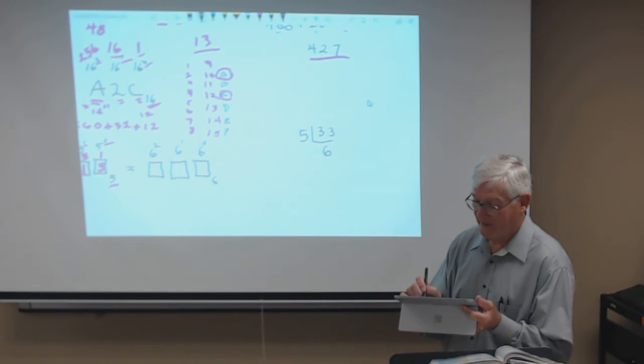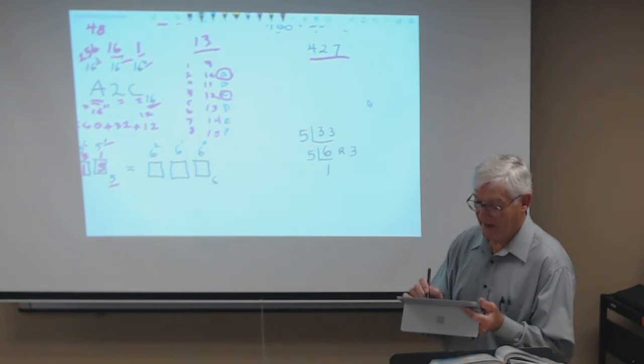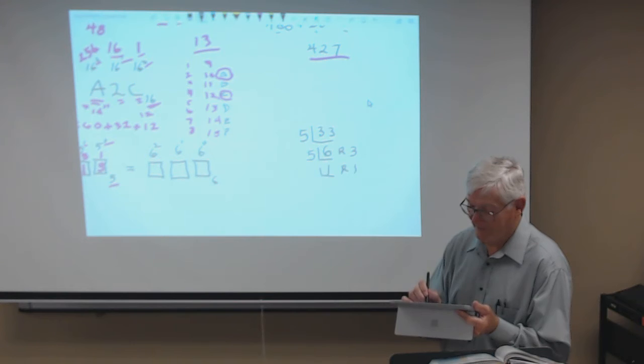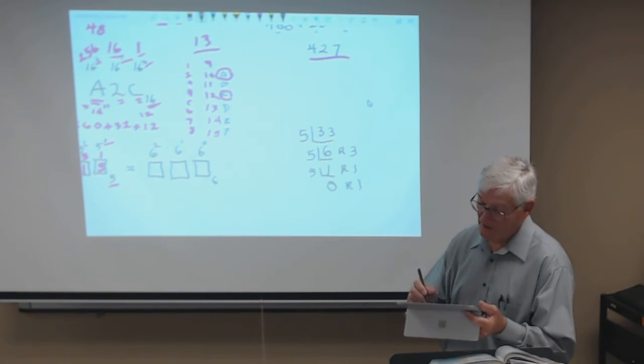And what's the remainder? 3. What's 6 divided by 5? 1. And what's the remainder? 1. And what's 1 divided by 5? 0, remainder 1.